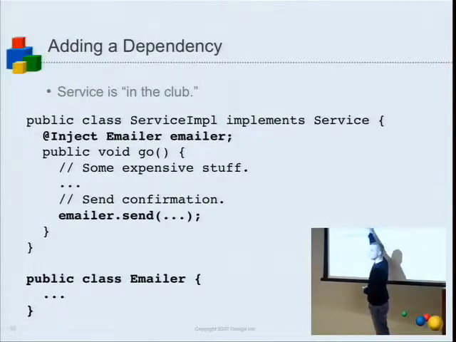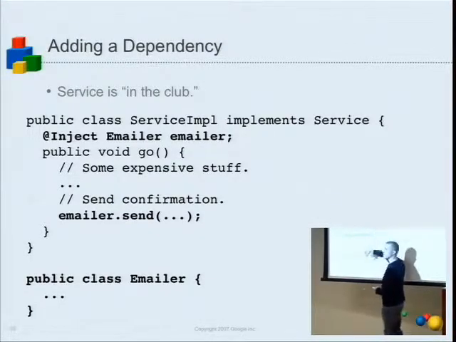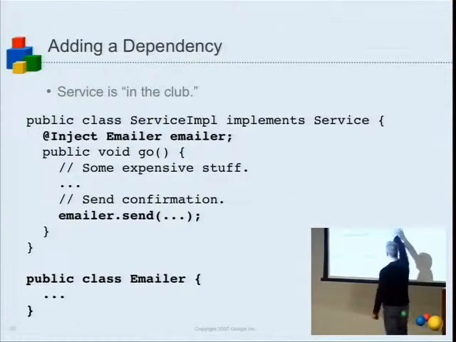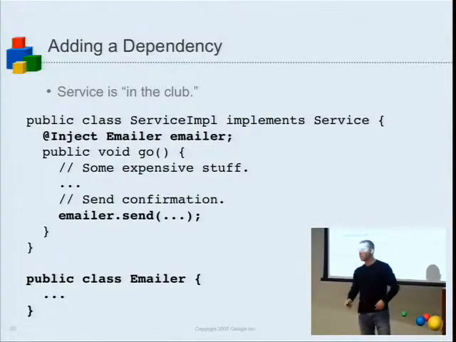In this case, we're going to use field injection. We can also use method or constructor injection. And then we put @inject on that field. So now whenever Guice goes to create an instance of service simple so that it can inject it into client, it's going to create an instance of emailer and then inject it into service simple. So notice we didn't have to deal with the injector at all directly here. Then service simple, at the end, is going to do whatever it was doing before, and then send a confirmation using the emailer that we injected.